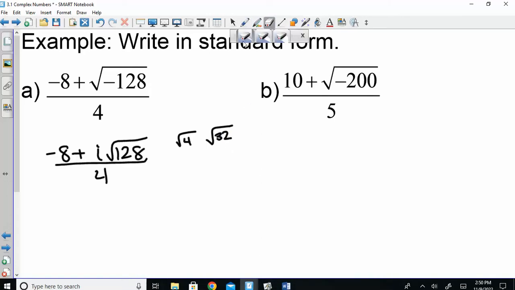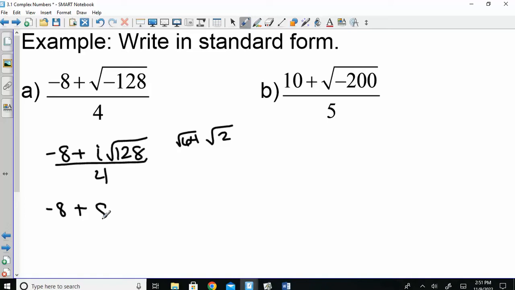Is there a bigger perfect square? 16 and 8 works, but let's think about that. What perfect square goes into 8? 4 and 2. So what's 16 times 4? 64. So we can do 64 and 2.